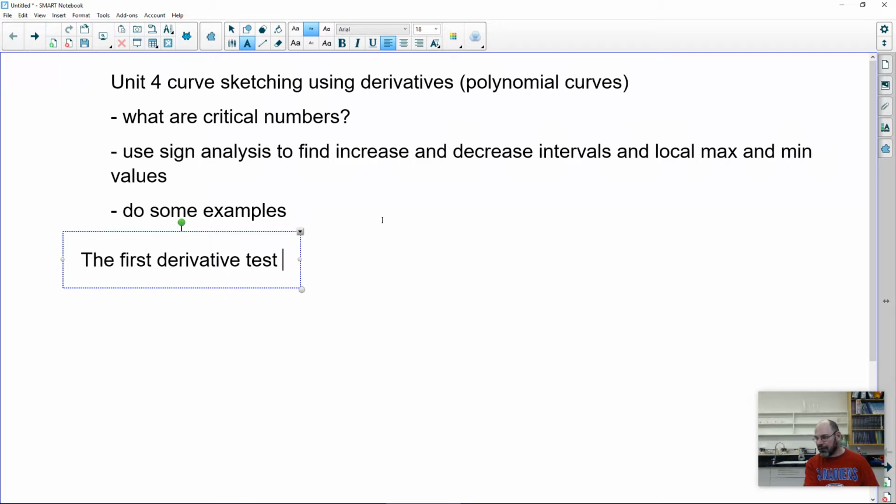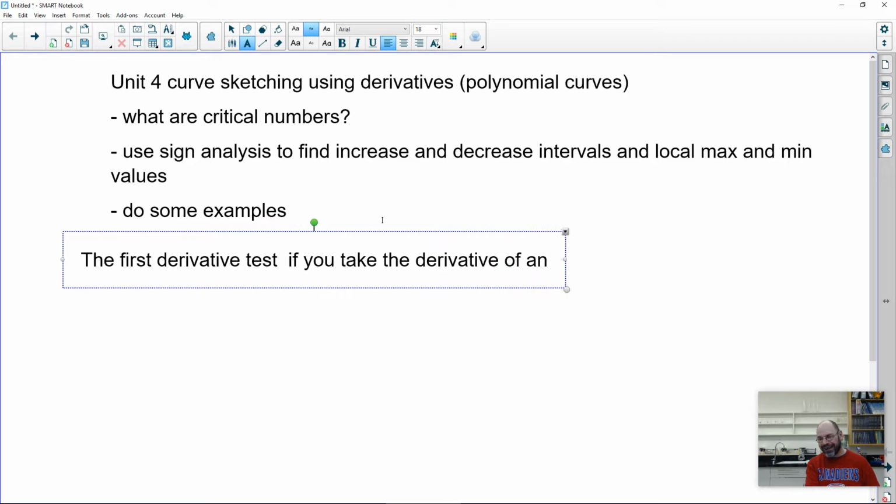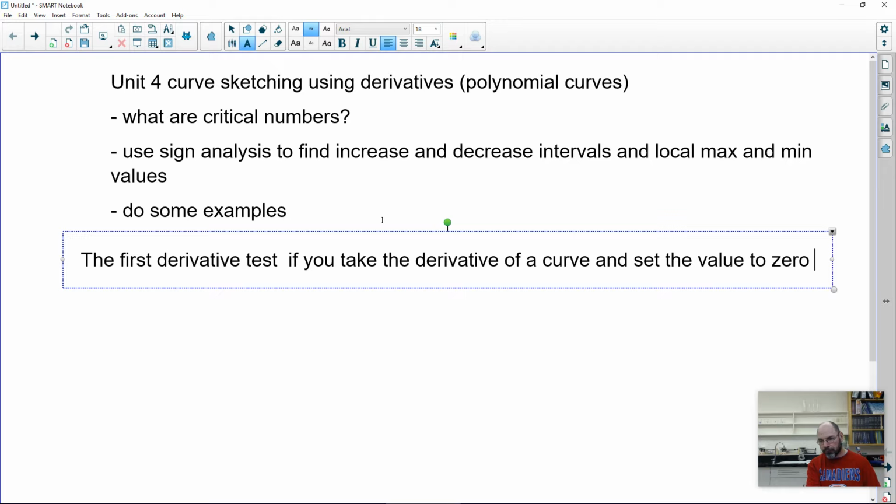The first derivative test: if you take the derivative of a curve and set the value to 0, and then solve for x, that is called the first derivative test.